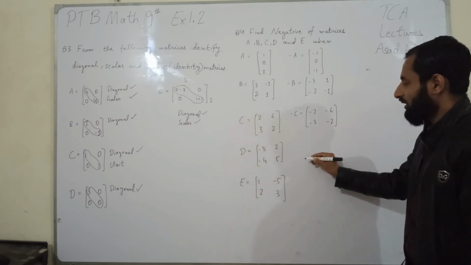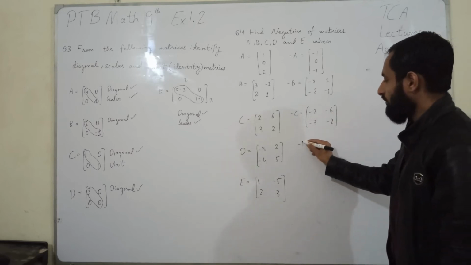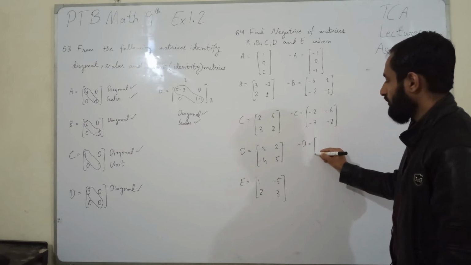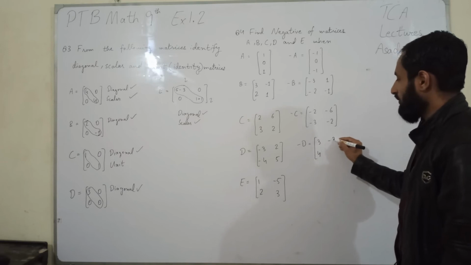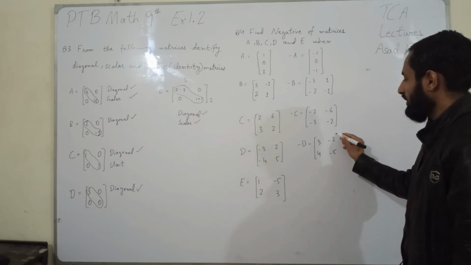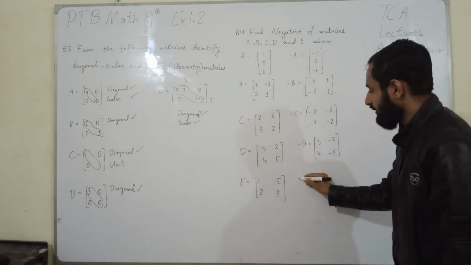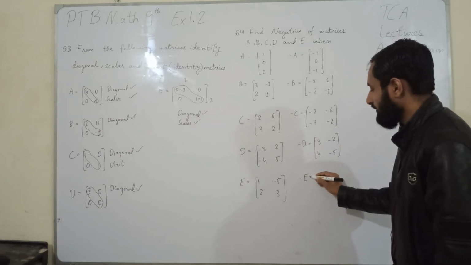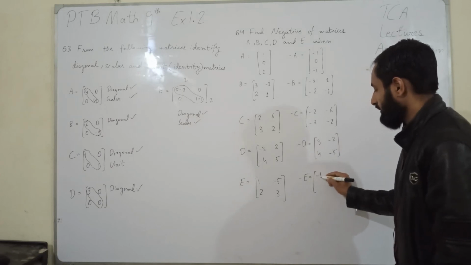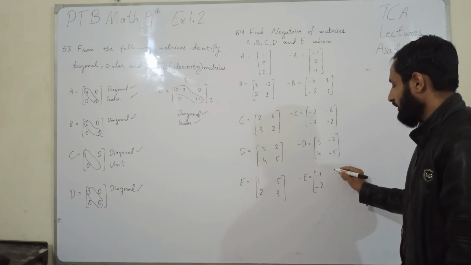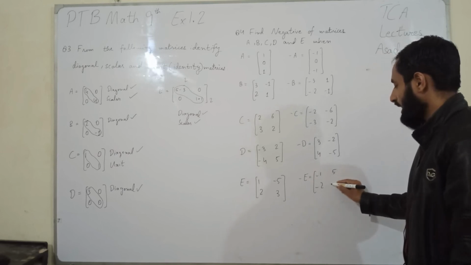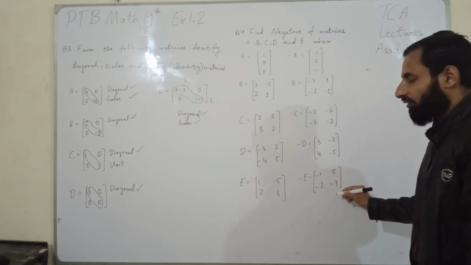For matrix D, the negative of this matrix would be negative D is equal to positive 3, positive 4, negative 2, negative 5. For matrix E, the negative would be equal to negative 1, negative 2, positive 5 and negative 3. That is all for today.